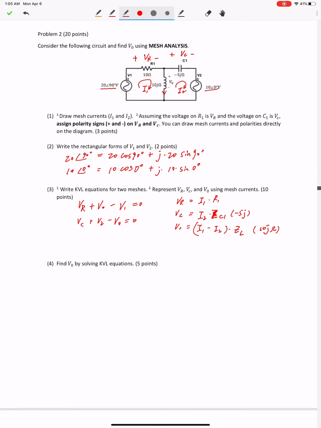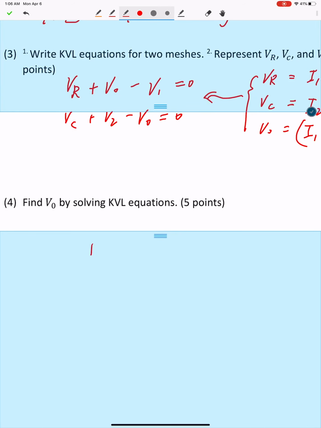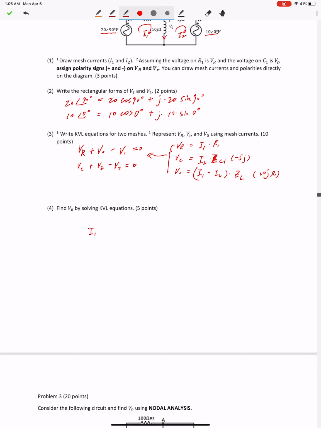After you represent VR, VC, and V naught using mesh currents, you can plug these three expressions back into the two KVL equations, and you can solve for the values of I1 and I2, right?